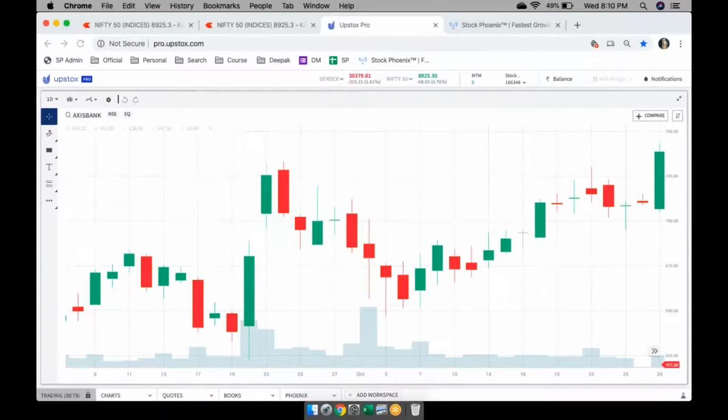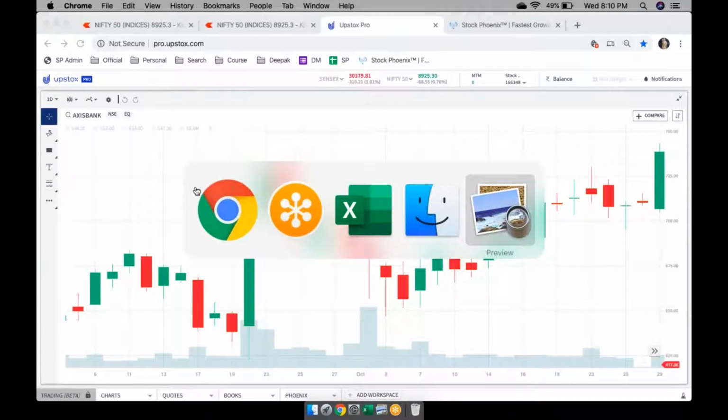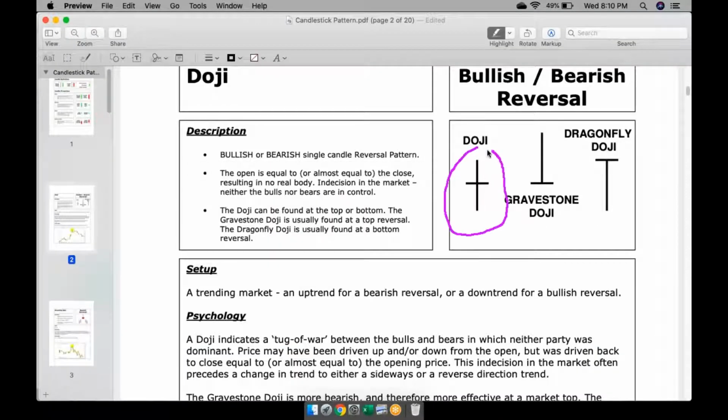Coming back, we should know this will not be the same in the real chart. Similarly, there can be small deviations we can accept. We cannot accept this.